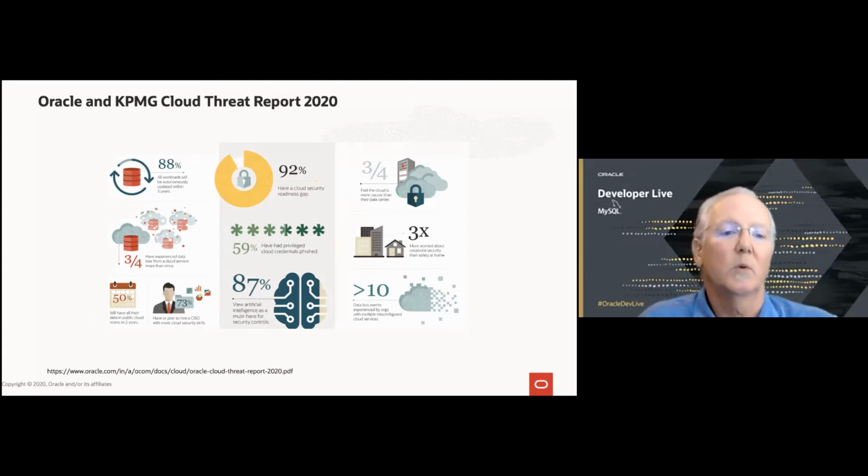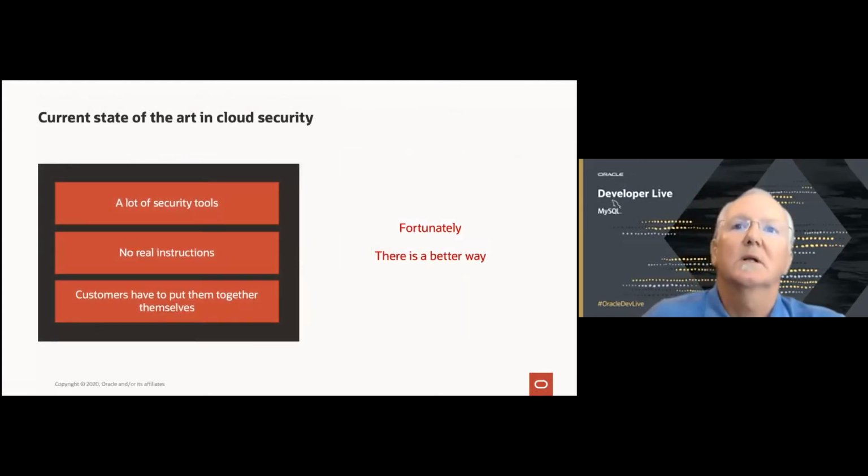Criminals are stealing more and more via credentials or phishing attacks or all the different sorts of things going on. A lot of organizations are sharing cloud accounts and things that really shouldn't be going on. So we really want to help battle against these threats. What we're going to talk about is how we're going to reduce the threats to your data and to your applications in the Oracle Cloud.